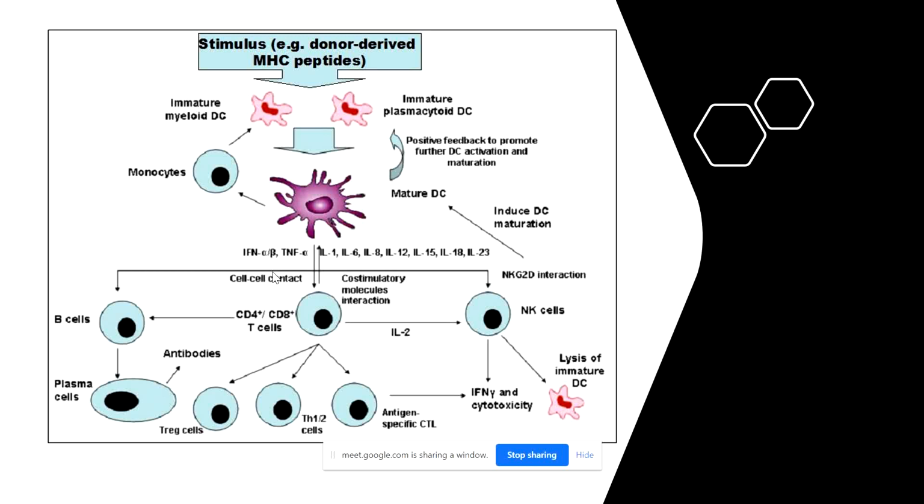These CD4 plus T helper cells subsequently amplify the immune responses by regulating antigen specific CD8 plus cytotoxic T cells and B cells, and antigen non-specific effector cells like macrophages, natural killer cells and eosinophils. So basically this is the molecular mechanism that occurs when the donor derived MHC peptide comes into the patient's body.